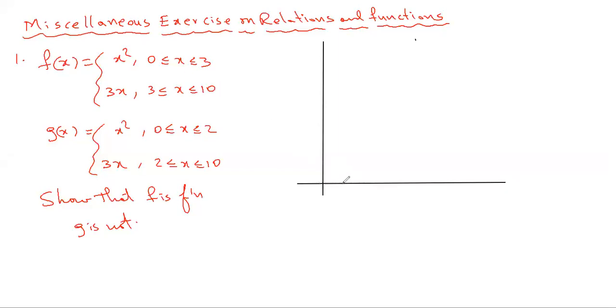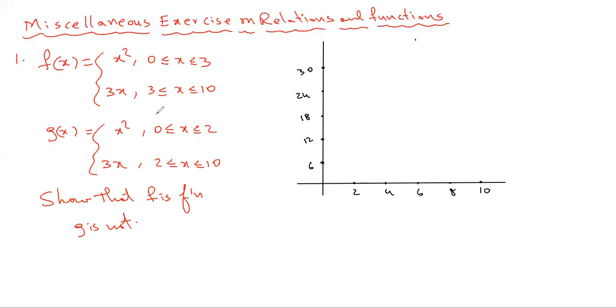On the x-axis, take 2, 4, 6, 8, 10, and on the y-axis till 30 you need to go. So 30 means you take multiples of 6: 6, 12, 18, 24 and 30.